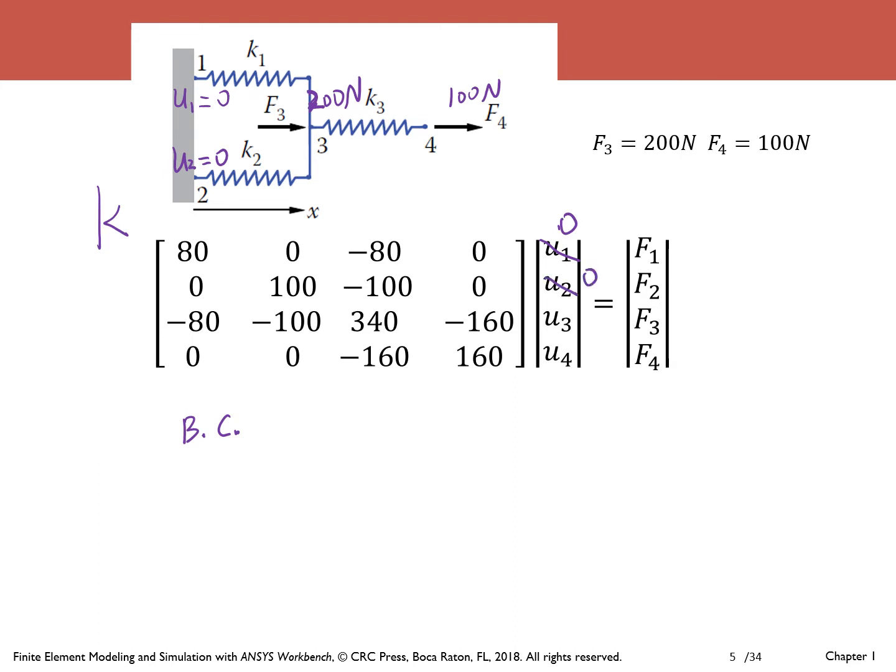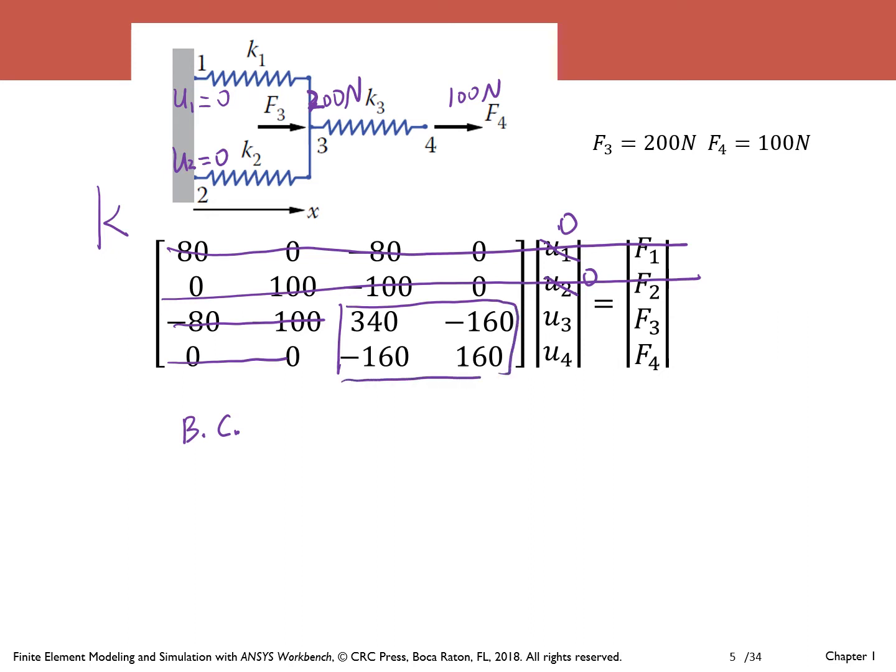If U1 and U2 are 0, we don't need these two equations anymore. And because U1 and U2 are 0, we don't need these two elements anymore. So we end up with a smaller global matrix, two displacements, and two external forces.